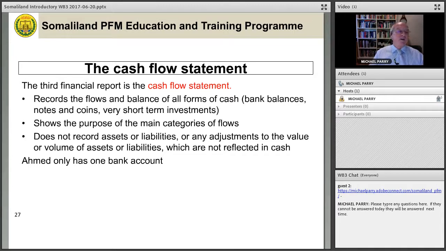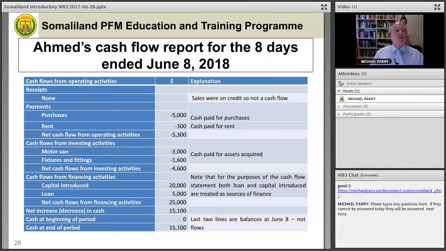And in the case of Ahmed, he's only got one bank account, so the cash flow statement is effectively a restatement of the ledger account in a conventional format. This format is the format used in IPSAS 3. It's also the format that's used by the IMF Government Finance Statistics, so it's an important format.